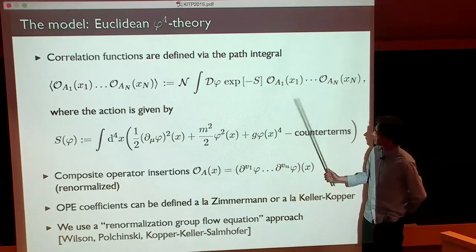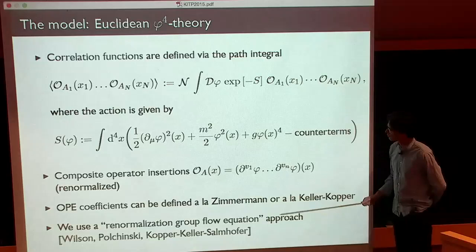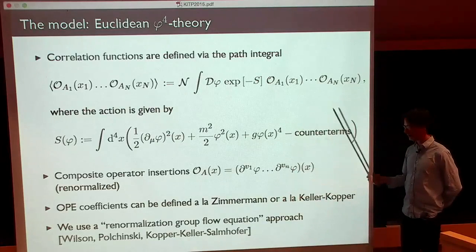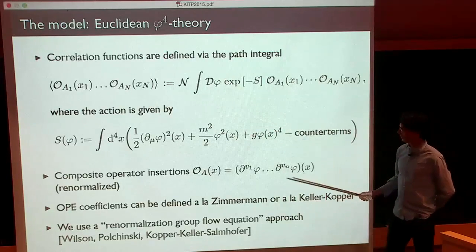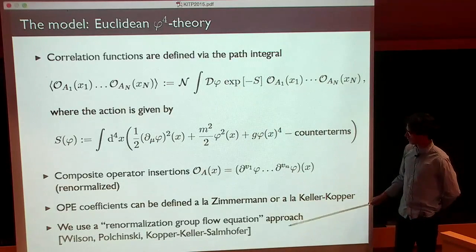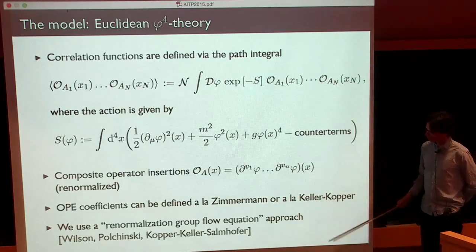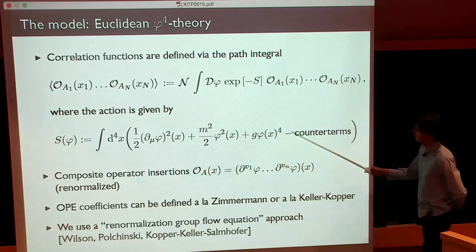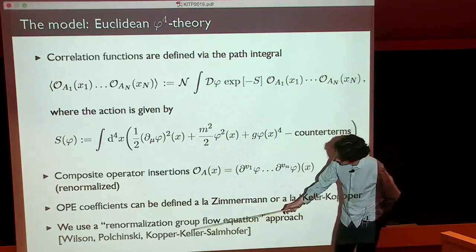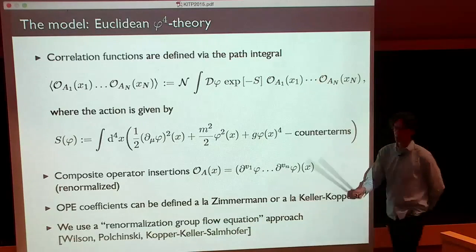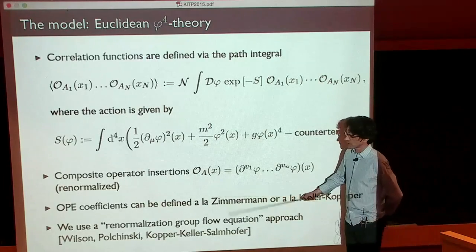I brutally introduce an infrared and an ultraviolet cutoff, and then I derive renormalization group flow equations for all quantities like correlation functions, operator product expansion coefficients, and so on. And then I solve this brutally. I integrate these renormalization group flow equations, and these in particular define the quantum theory. So it's a method that goes back to the classic paper of Joe. Beautiful paper. So that's the basic machine.